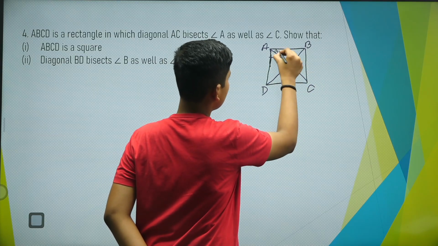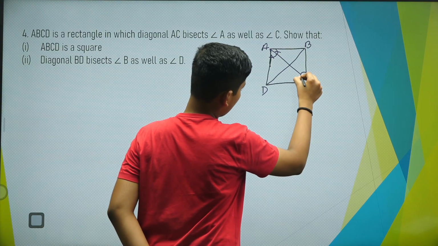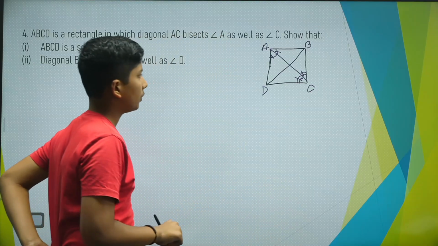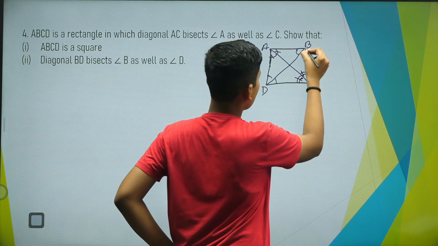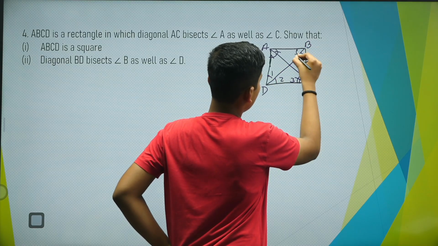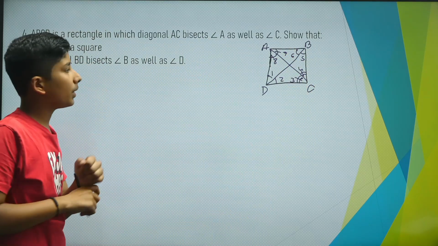These two angles are equal, and these two angles are equal. This is given to us. Again numbering: 1, 2, 3, 4, 5, 6, 7, 8. We have to prove ABCD is a square.